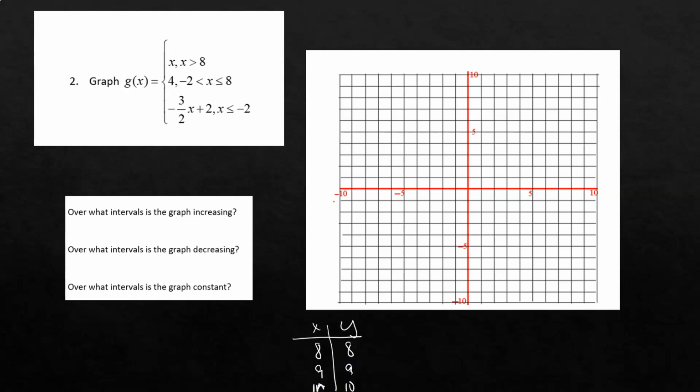Okay, so now we're going to graph these. So I have 8. All the way up in the corner, 8, 8, and it's greater than, so my dot's open.